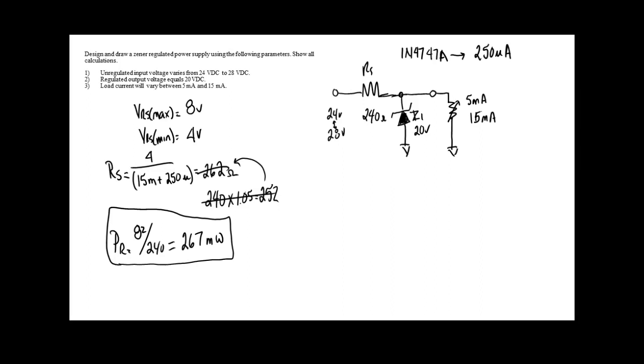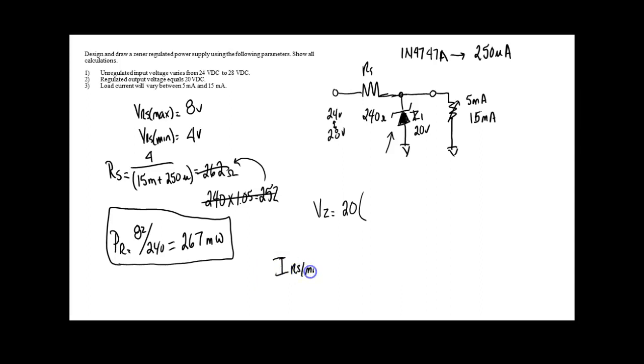So the correct answer for circuit 2 for PRS is 200. PRS is equal to V squared divided by 240, and the PRS is 267 milliwatts. Okay, now we've calculated that, so we need to check and make sure we're not going to burn up our Zener. So VZ is going to be equal to 20. And then, of course, we need to calculate the maximum current.